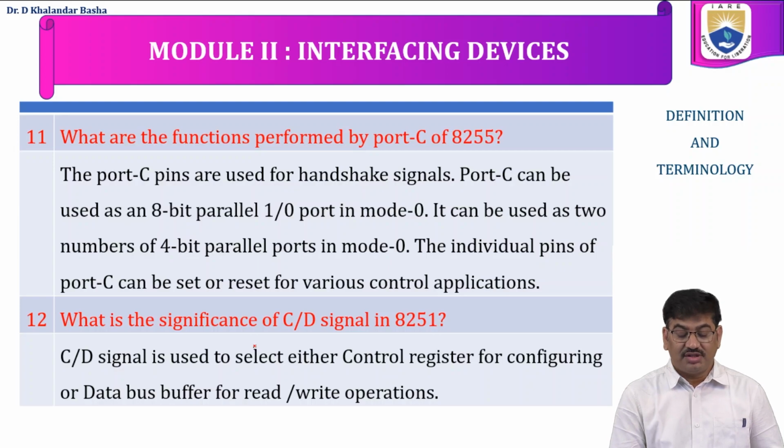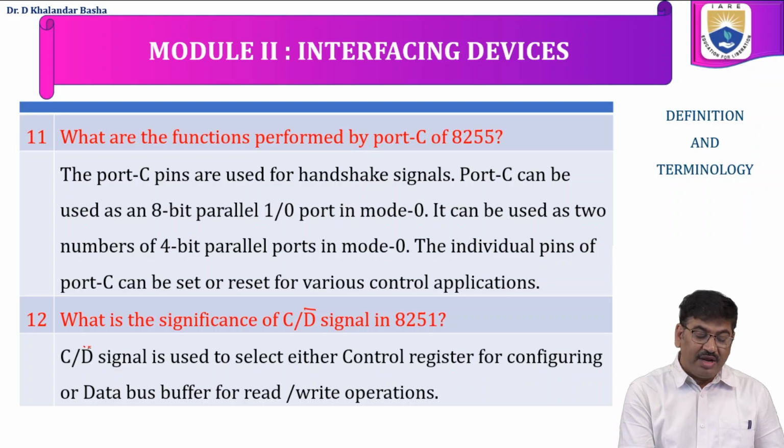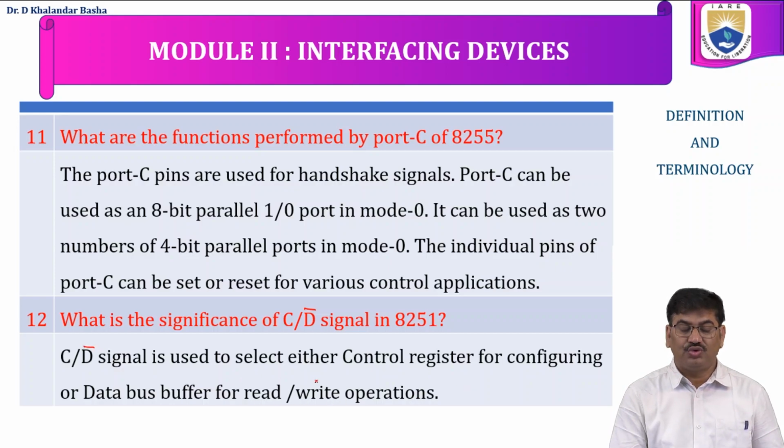What is the significance of the C by D bar signal in 8251, that is USART? The C by D bar signal is used to select either the control register for configuring or the data bus buffer for read or write operation. So if C by D bar signal is equal to 1, it indicates it is control information.